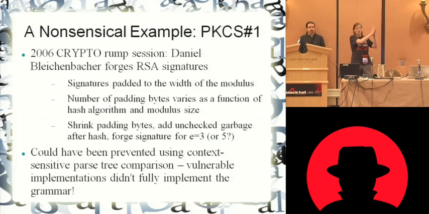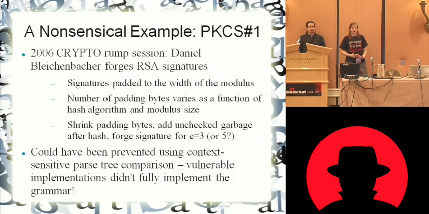So you've got the signature, but the entire thing needs to be as long as the modulus is, and whatever's not actually data just gets padded with 00, then 01, then a bunch of FFs. So what he was doing was shrinking the padding bytes, because after the padding bytes comes an algorithm identifier and then the hash.